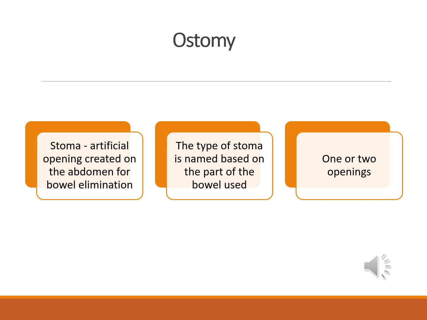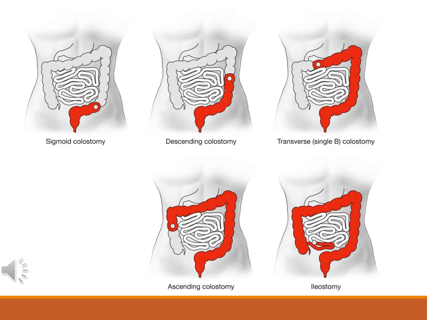They should also bring an extra pouch with them to cover their ostomy to ensure they are prepared for the procedure. This image is just a representation of the different areas of the colon and what portion needs to be resected depending on the type of ostomy a patient may have.